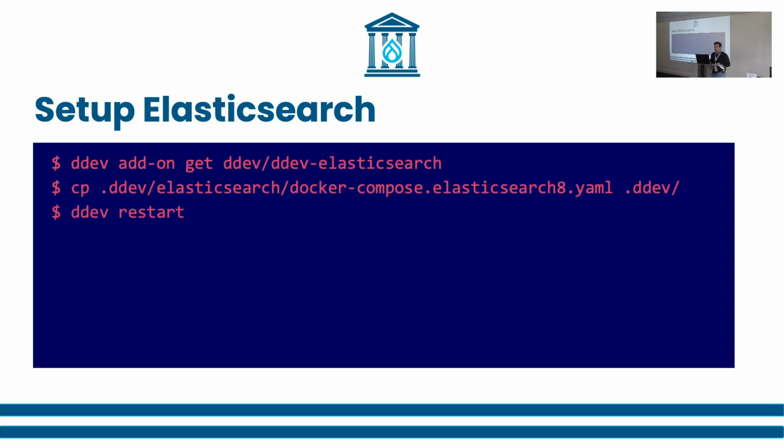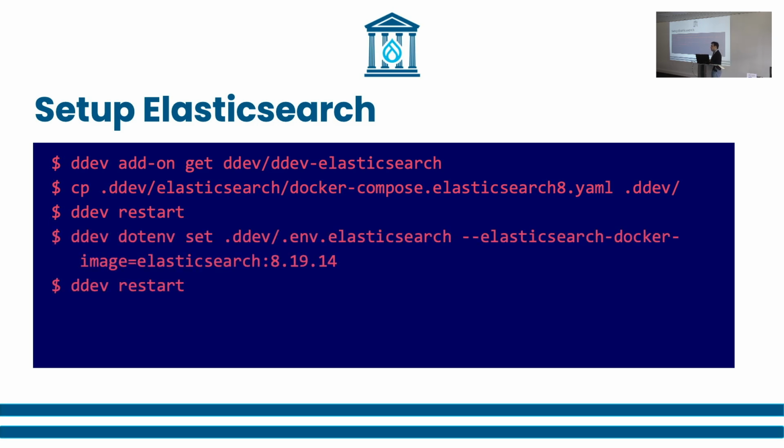Next, set up Elasticsearch. We are adding the ddev Elasticsearch container, and then we are copying the Composer Elasticsearch file to ddev. Again, if you want to follow afterwards and start from scratch, you can follow these commands. Then a ddev restart, so you can check that, hey, Elasticsearch is working, it's there, you can see it.